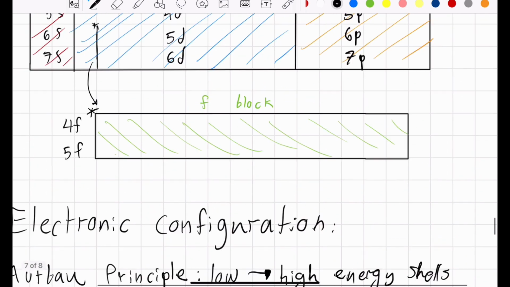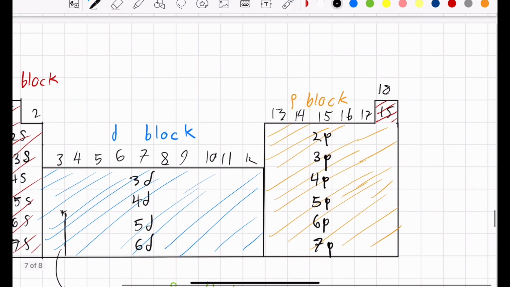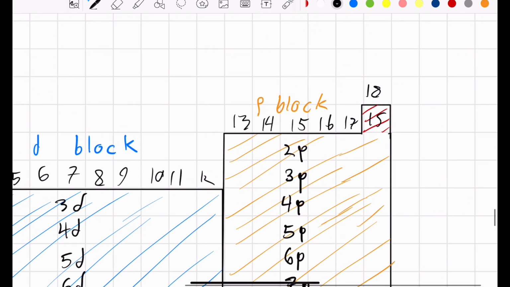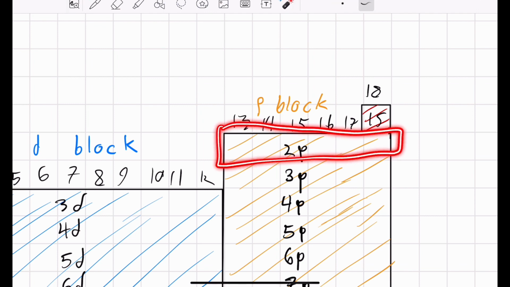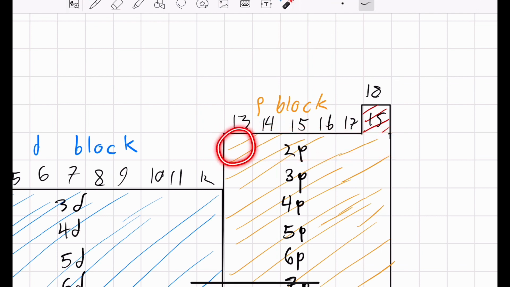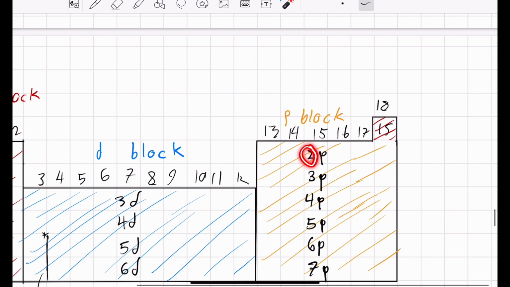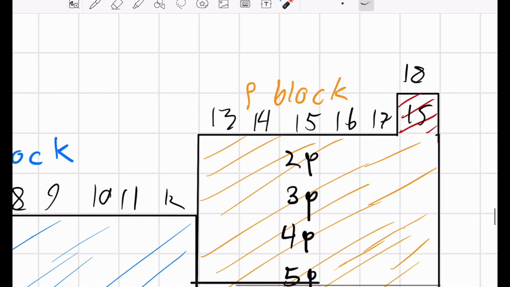So if we go back to our periodic table, orbitals in the 2p subshell, so this orbital here, this one here, all of these are degenerate because they have the same principal quantum number, which is n equals 2, and they have the same subshell.